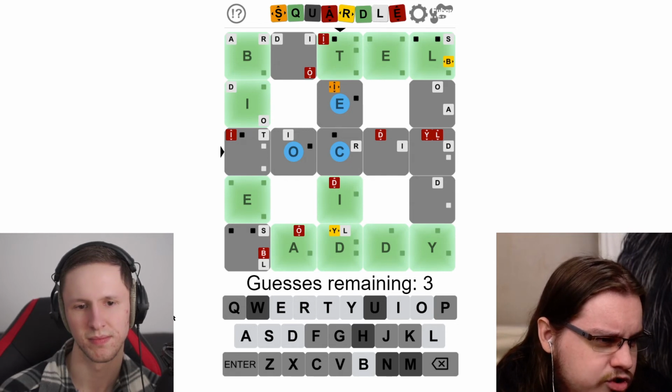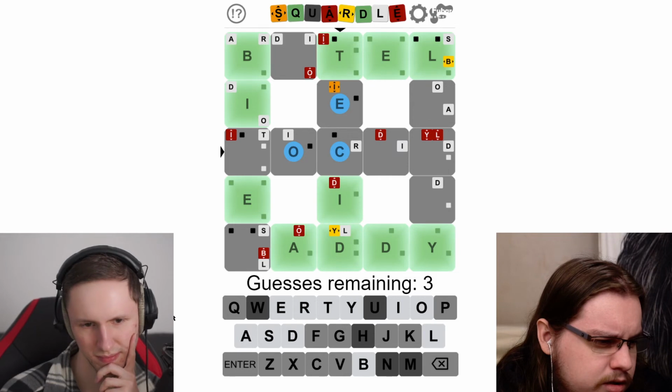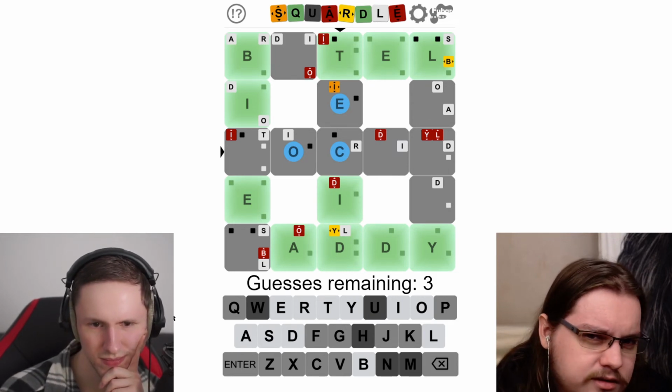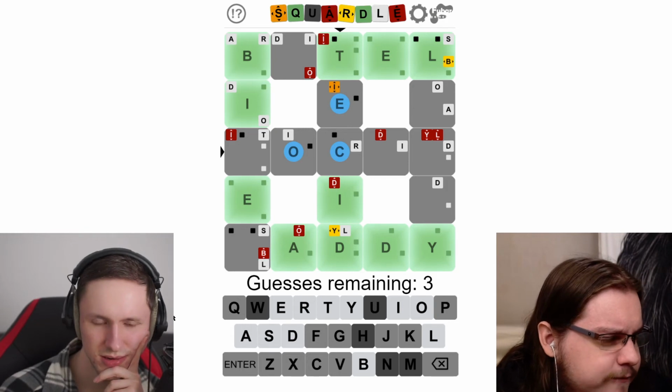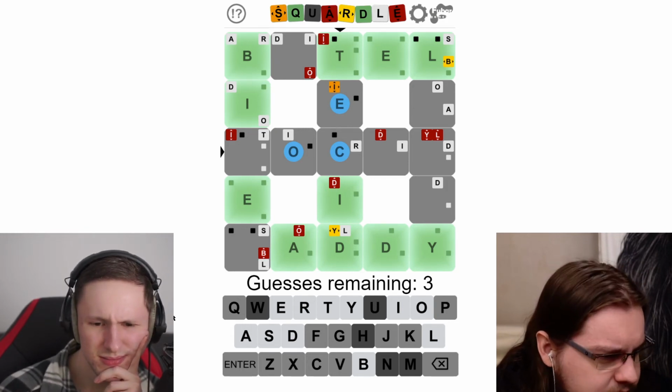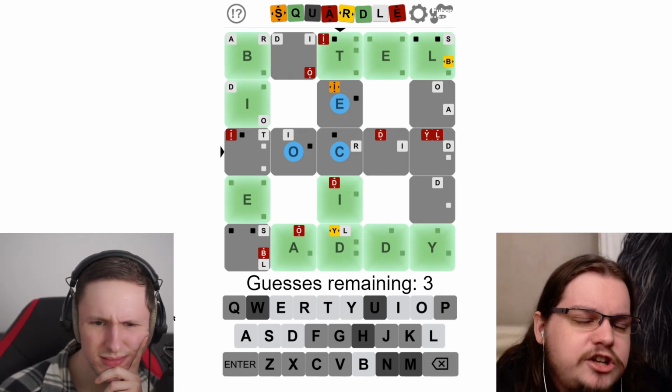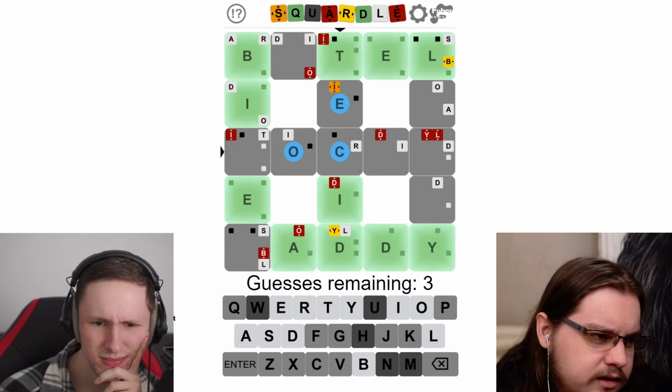But G. Bigger. Bigger is spelled double G, isn't it? Also no R. Oh right, no R in the column. Because beige sounds wrong again, right?